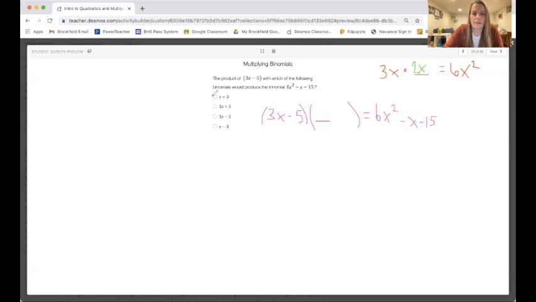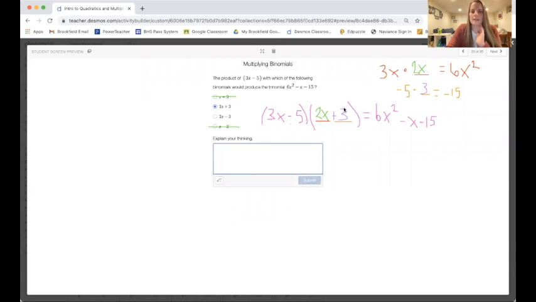So automatically I can cross off choice 1 and choice 3. And then negative 5 times something had to equal negative 15. And the answer there is positive 3. So it is going to be choice 2.